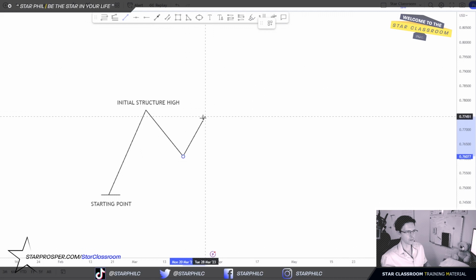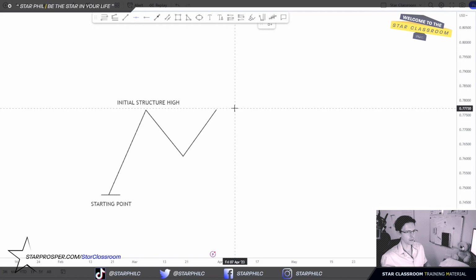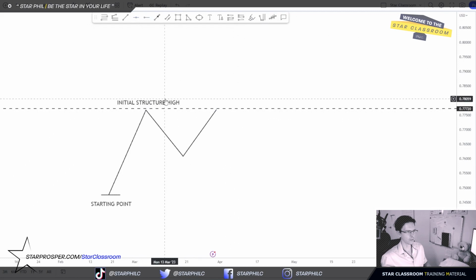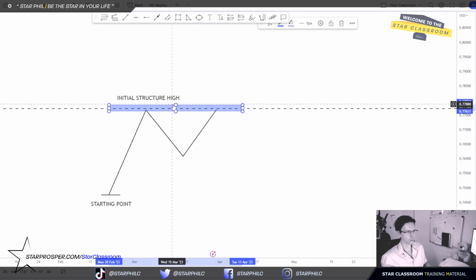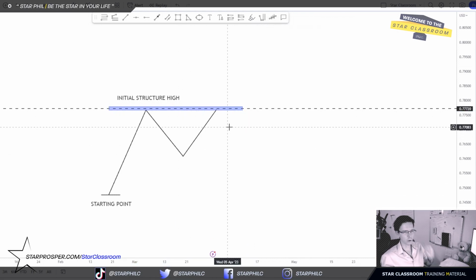Right here, we get a retest. Put in a box tool like this. As price action puts in another move towards the upside, we retest our previous high, looking left, right there. This now is what's known as our decision point, as mentioned earlier.